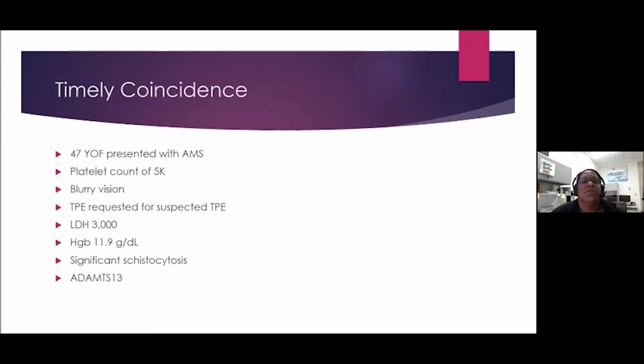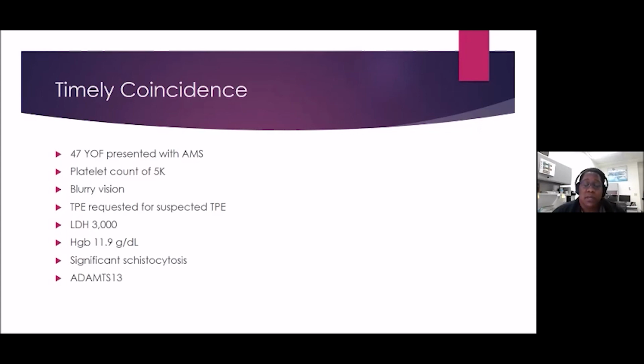So I deleted one case to make room for this. This is something that actually happened as I walked in the office at 8 o'clock this morning. I found out about this. There was a 47-year-old female who presented with altered mental status. She has a platelet count of 5,000, blurry vision.